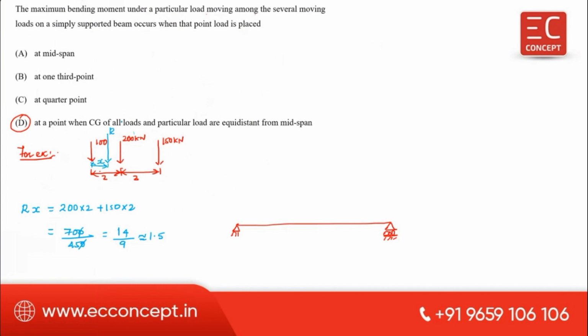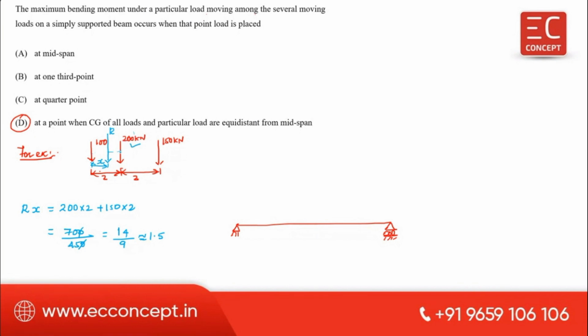The point is, the maximum bending moment occurs under the load which is nearer to the resultant force. Which is nearer to the resultant force means this is 1.5 and this is 0.5. Therefore, the maximum bending moment occurs under the 200 kilonewton load.